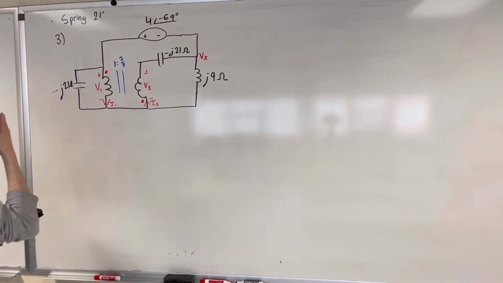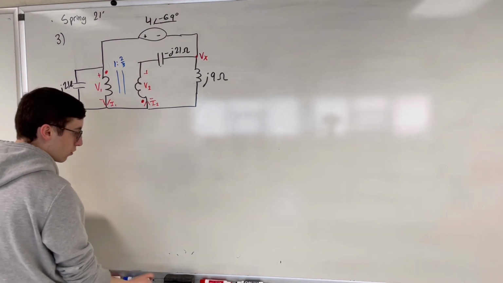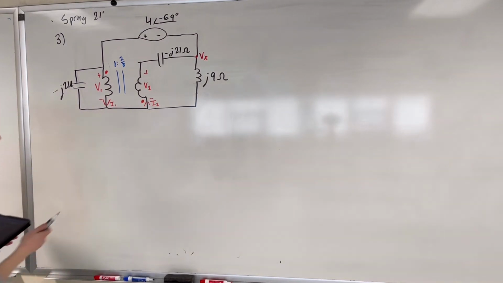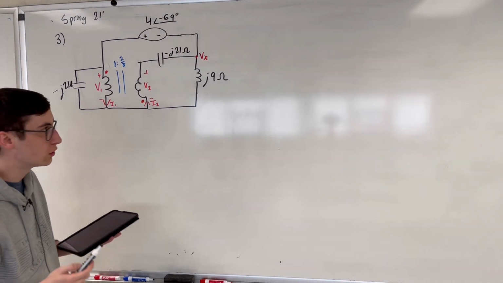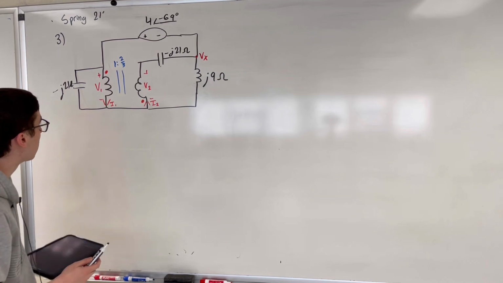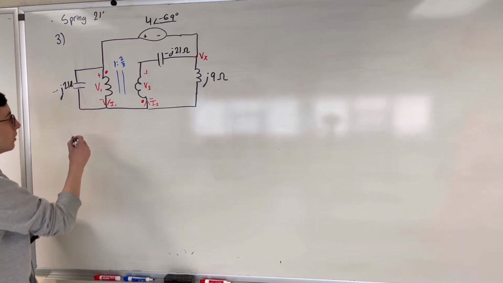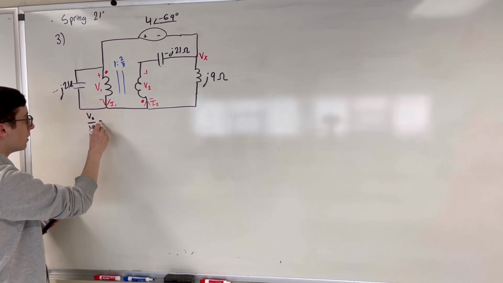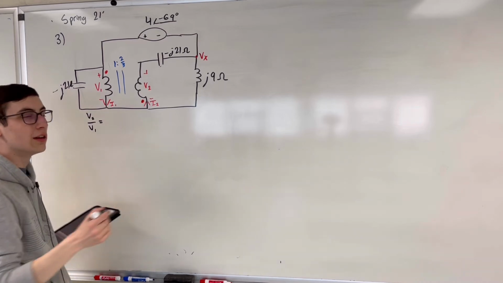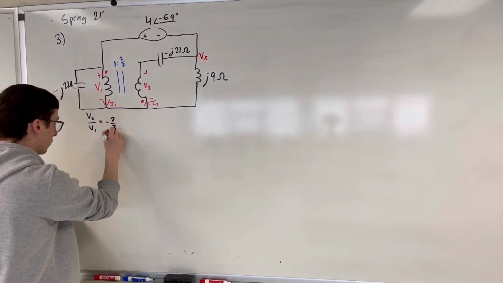All right, so now the problem wants us to make a system of equations in order to solve for the circuit. Remember, the 2 easiest equations are going to be your I1 and I2 and V1 and V2. So first equation: V2 over V1 is going to be equal to, since we have negative dot convention, negative 2 over 3.